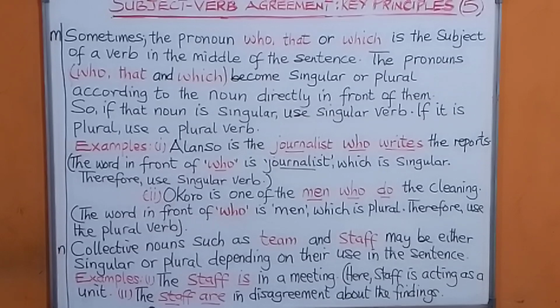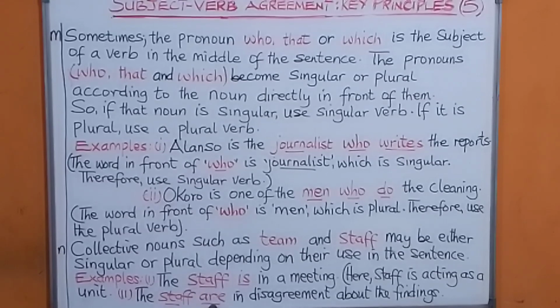Therefore, the sentence would even be better as the staff members are in agreement about the findings. If you want to put it in clearer terms to avoid confusion, you will say the staff members are in agreement about the findings. But the staff are in agreement means the individuals making up the staff.